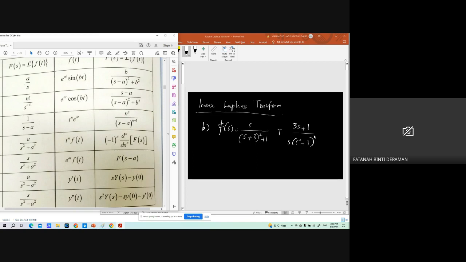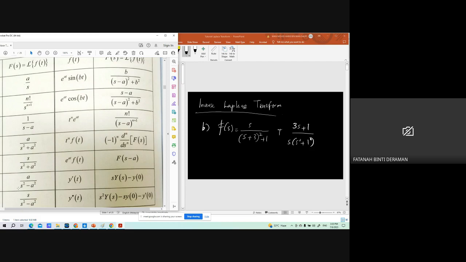For (3s plus 1) over (s squared plus 1), maybe we need to find this form first. If we have s squared, then we have s cubed, but here s is above 3. So here we need to do the partial fraction maybe.